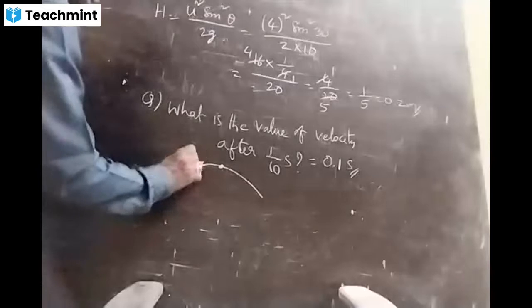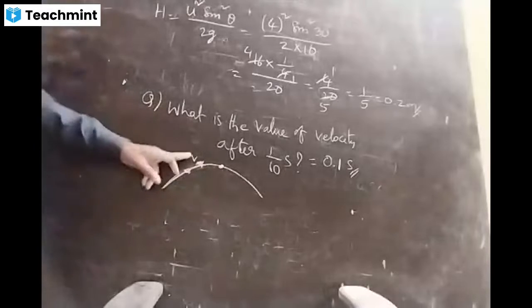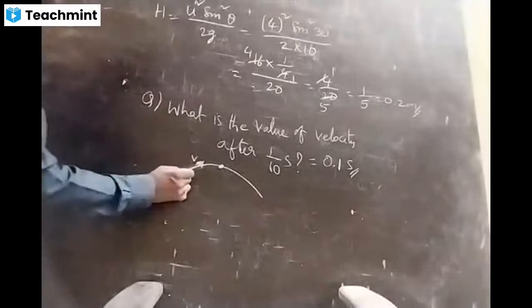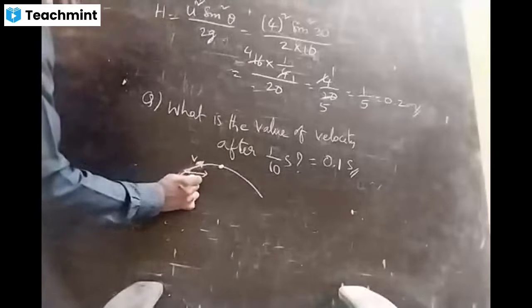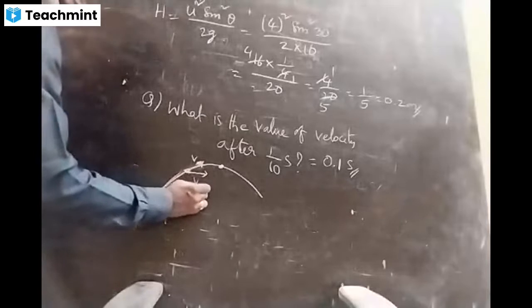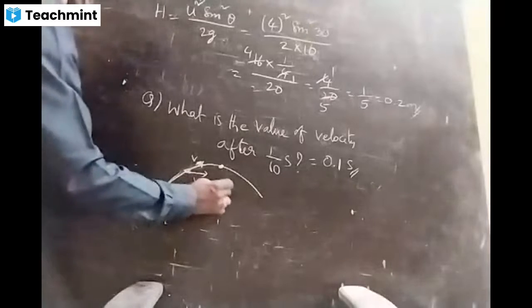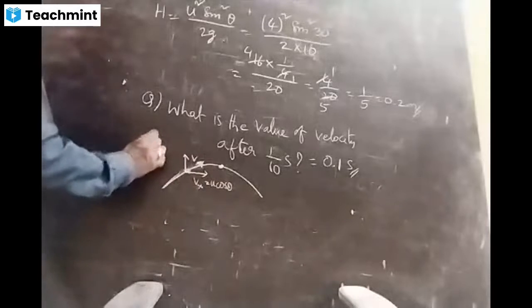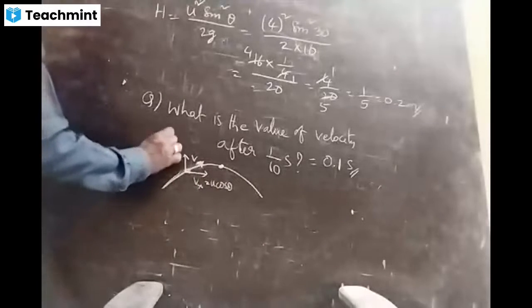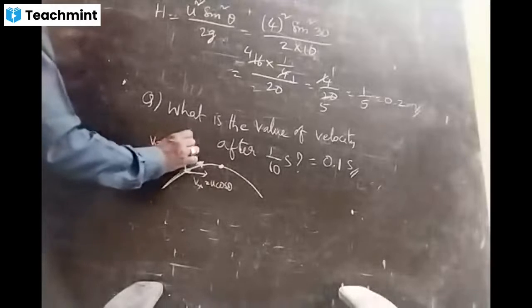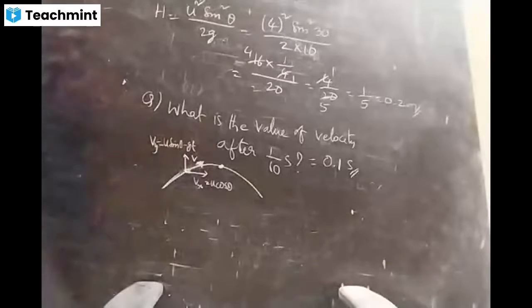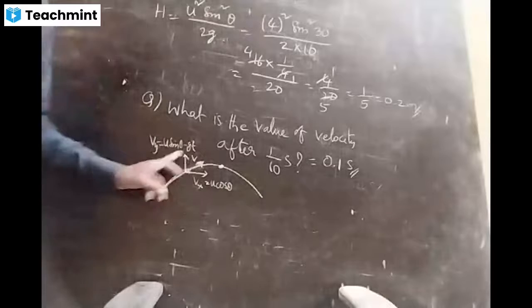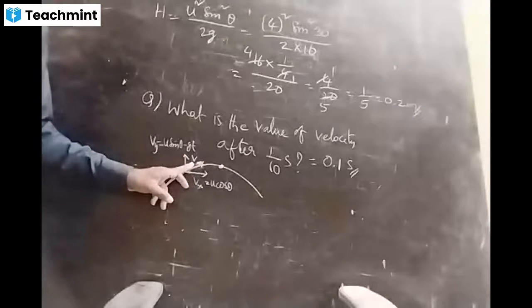So I need this velocity v. To get v, what do we do, resolve it here? What is this? Vx is u cos theta, and Vy is u sin theta minus g t. After finding these two, how will you get v?